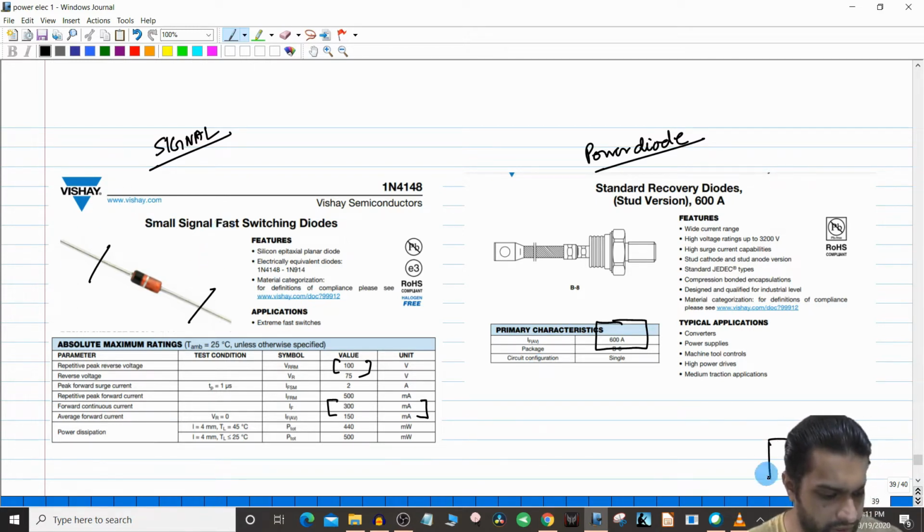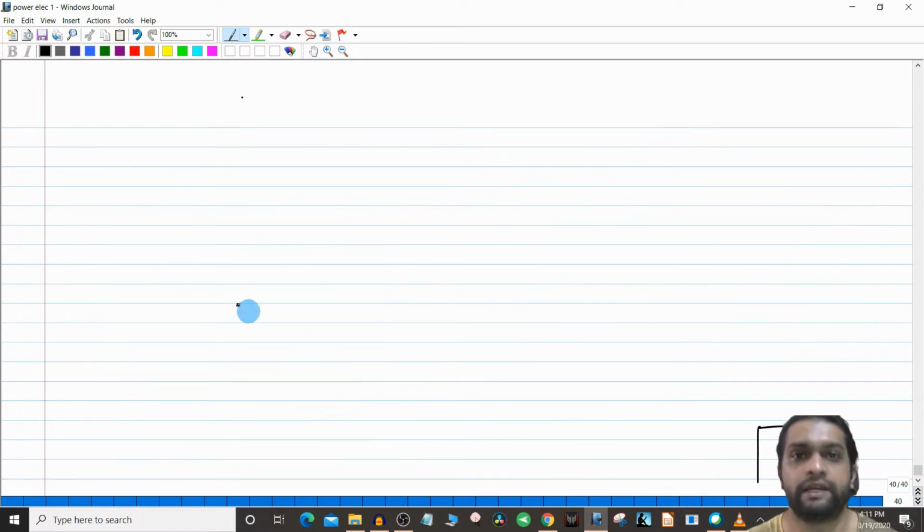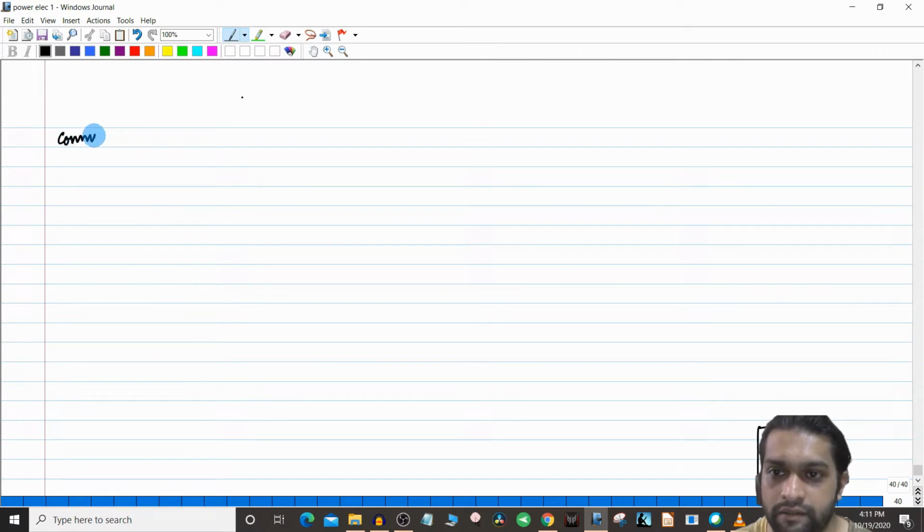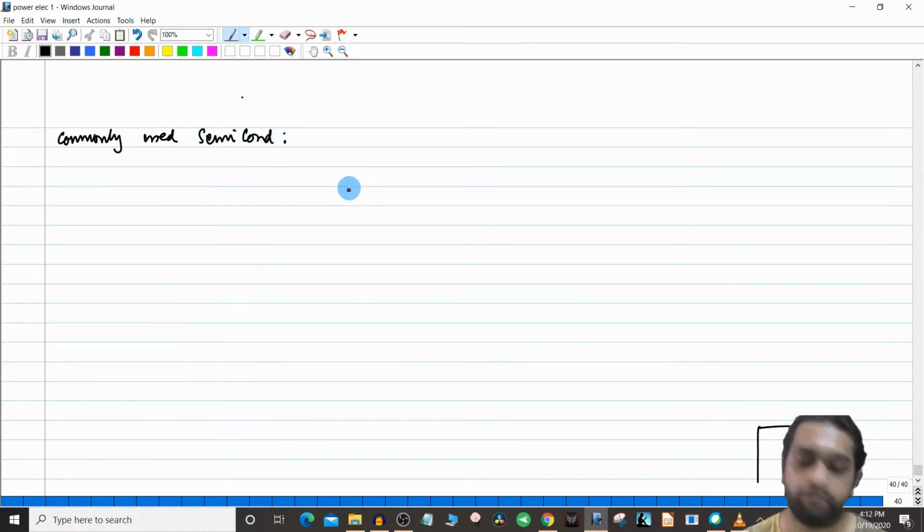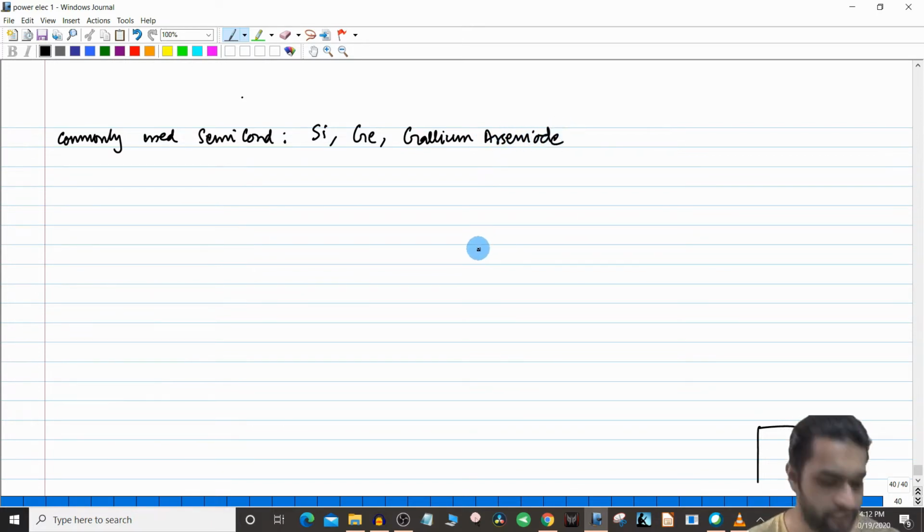The commonly used semiconductors for the manufacture of power diodes are usually silicon, germanium or gallium arsenide. These are the popular choices available in the literature. The diode, as I already told you, is a device which has a single p-n junction.